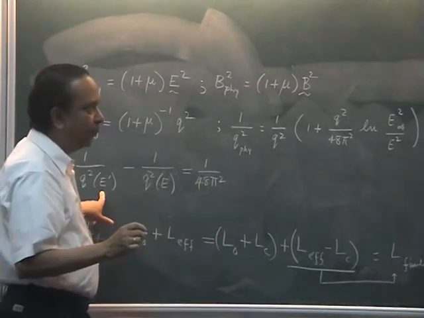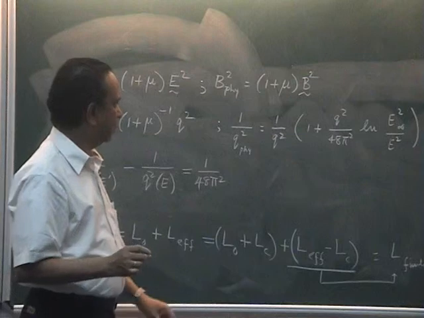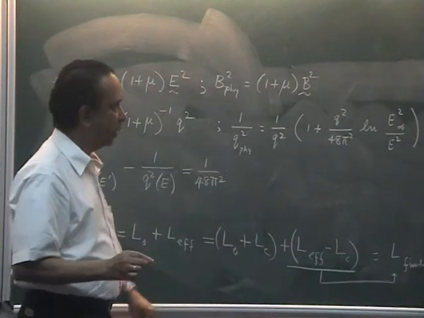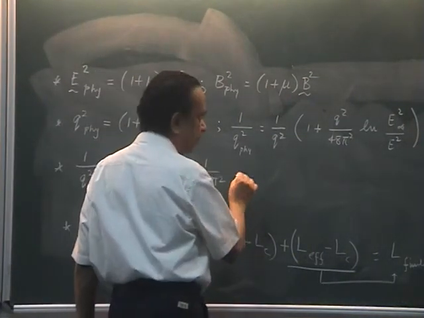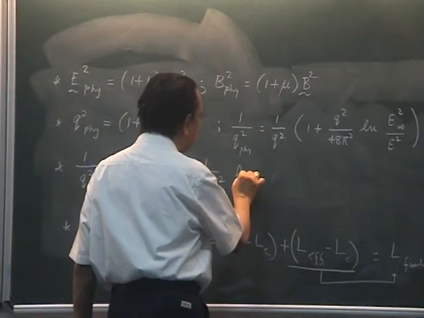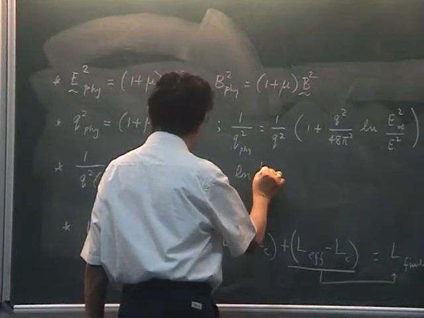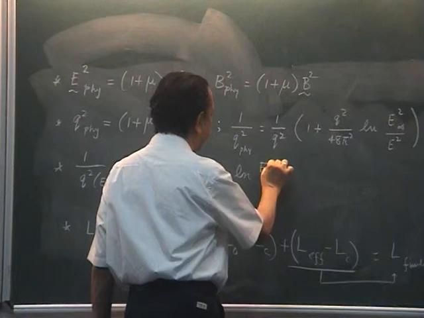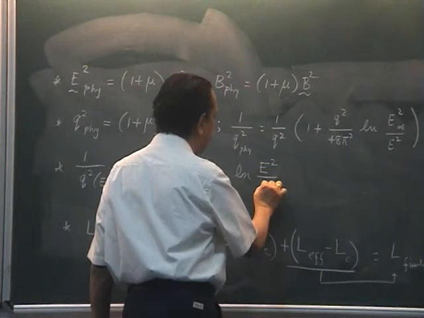When I do it for E prime, it will be in the denominator, and then I am going to subtract the other quantity, so that will go to the numerator. So it is equal to log E square upon E prime square.